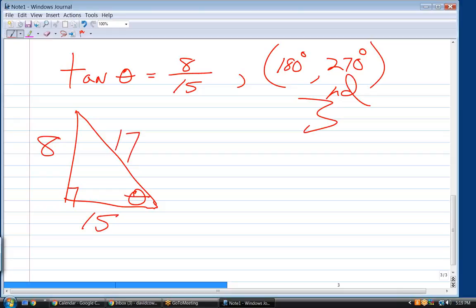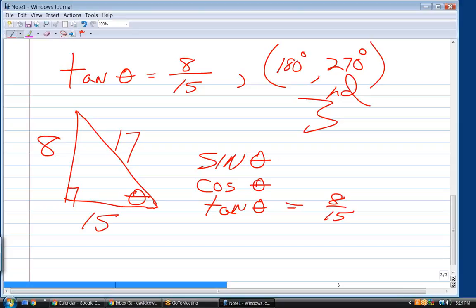One of those special Pythagorean triangles. Oh, it's 17. 8, 15, 17, yeah. Okay, so let's figure out the sine of theta, the cosine of theta, and the tangent of theta. Well, we know the tangent of theta. They gave us that, 8 over 15. What's the sine of theta and the cosine of theta?